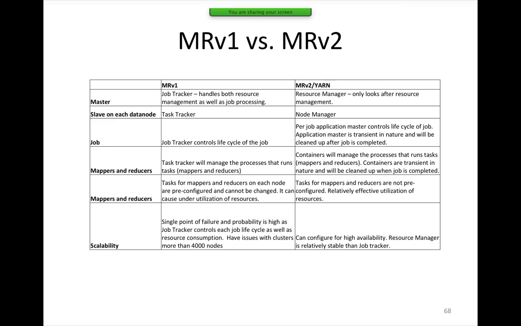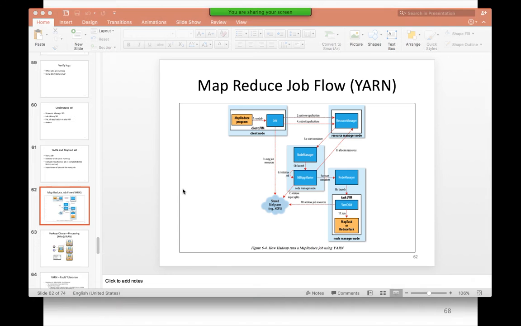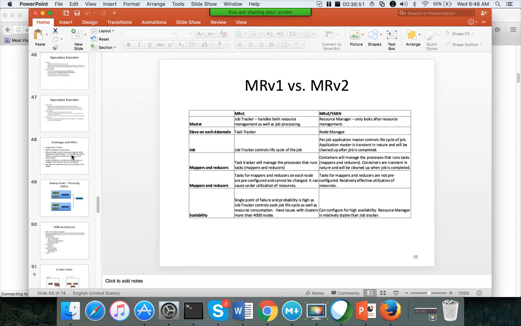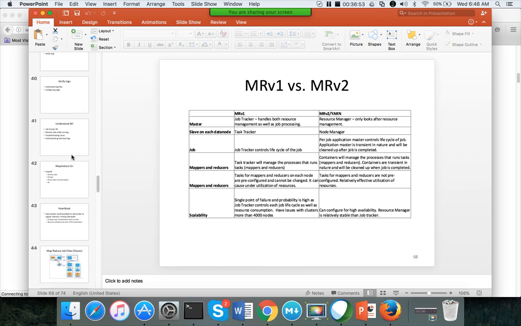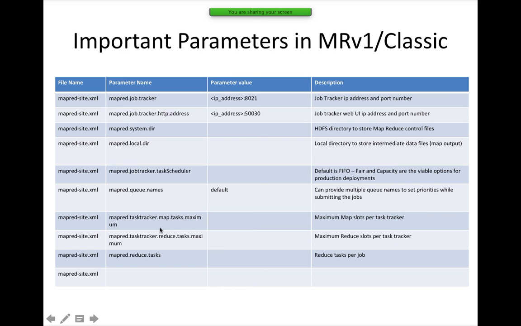So if you recollect, this was part of the discussion when I spoke about Classic. If you go to these parameters, there are parameters such as mapred.tasktracker.map.tasks.maximum and mapred.tasktracker.reduce.tasks.maximum, which will determine the number of mappers and reducers, and you will pre-allocate those.